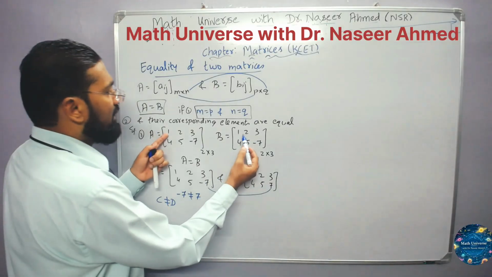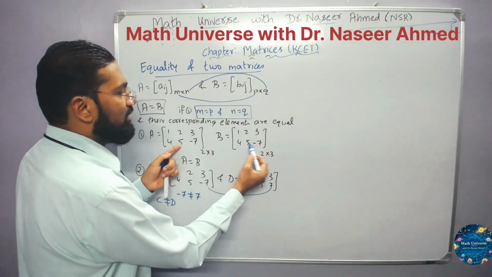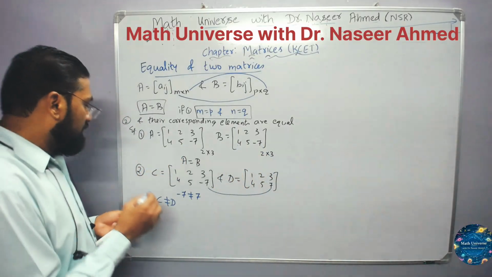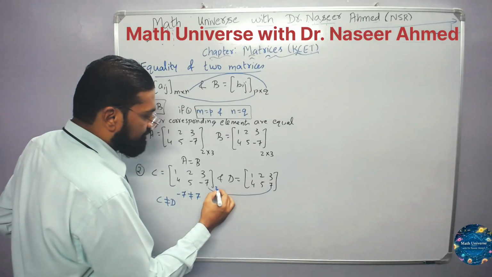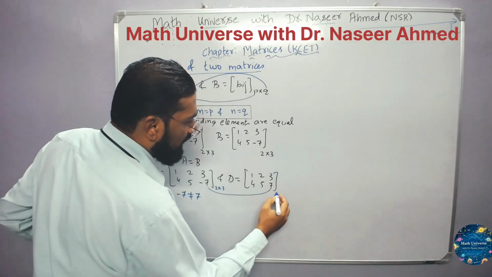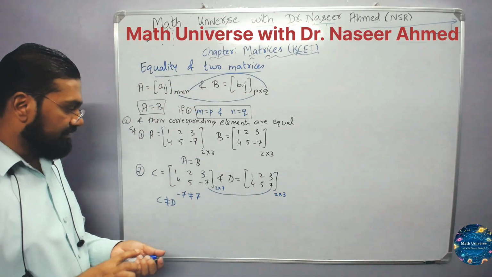Similarly, you can see here, in matrix A and B, 1 equal to 1, 2 equal to 2, 3 equal to 3, 4 equal to 4, 5 equal to 5, and minus 7 equal to minus 7. Corresponding element should be same. Okay, not in the order. So both the conditions should be true. Here the order is 2 cross 3, as we already have it. Okay. Now, having understood this, let us try to proceed with the operation on matrices.